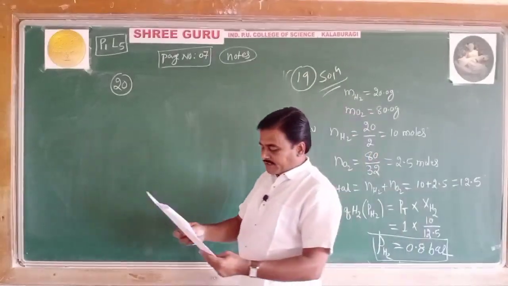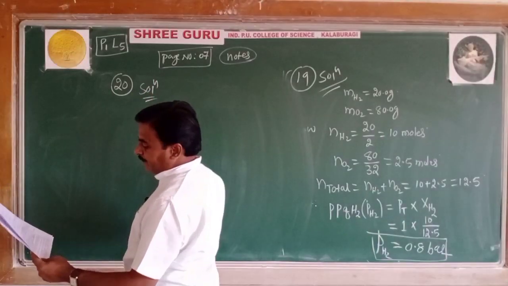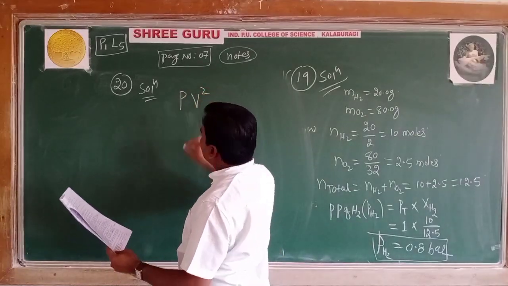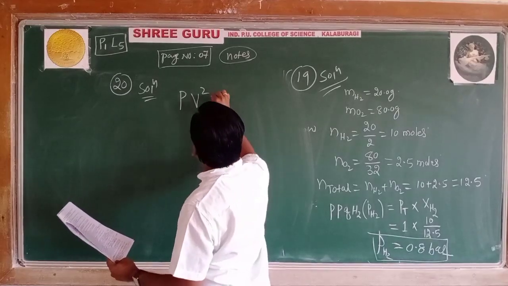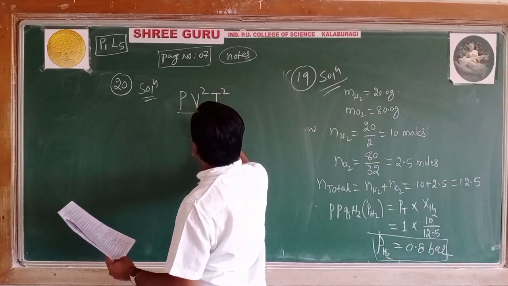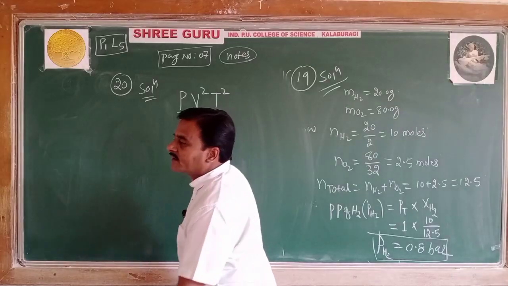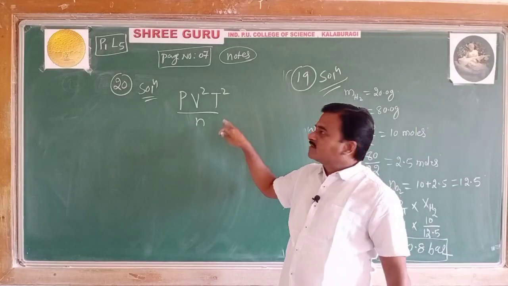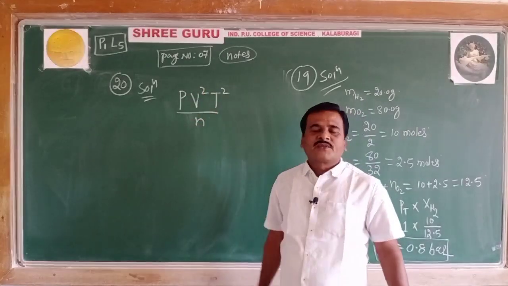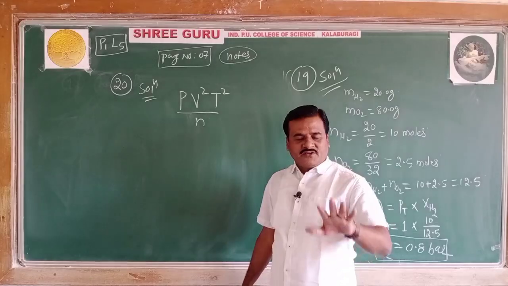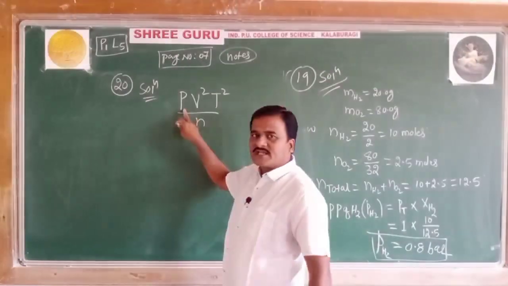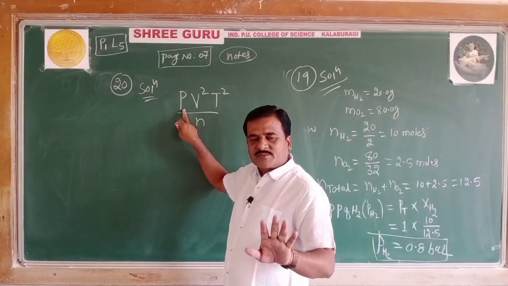They have given the quantity P, solution I am writing: pressure P, V squared, T squared divided by n. This is the quantity given in the problem, for which we have to find the SI unit. From the fundamental idea, you know the SI unit of pressure is Newton per meter square, same as Pascal.